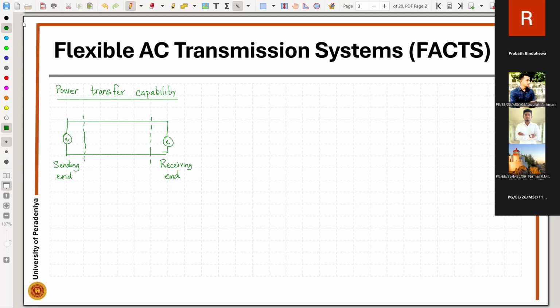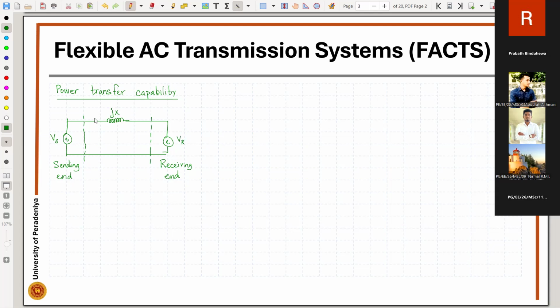I will represent the line with the reactance X. We will have a sending end voltage Vs, and we have the receiving end voltage Vr.